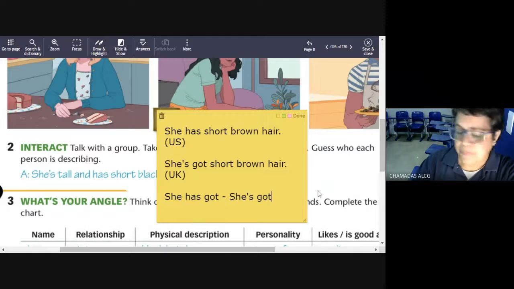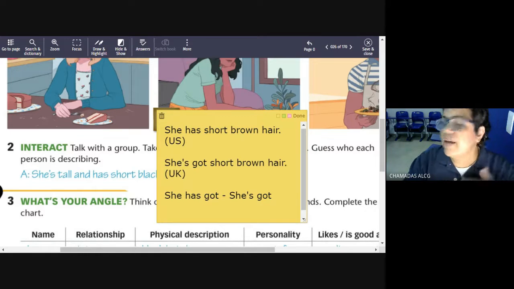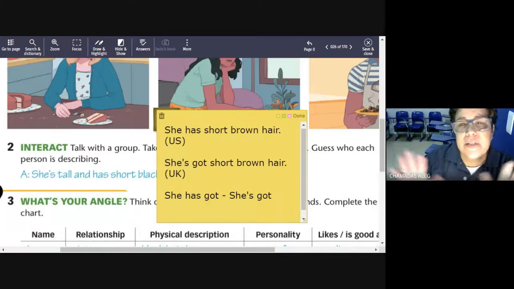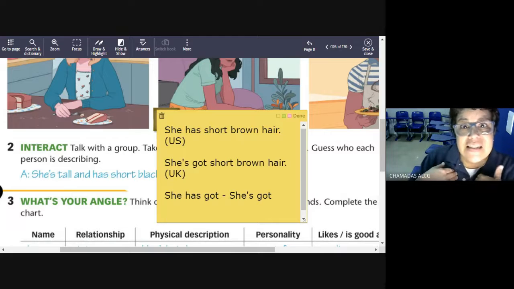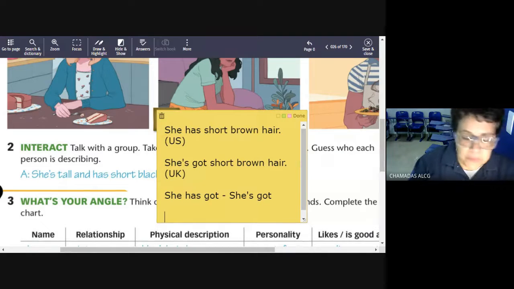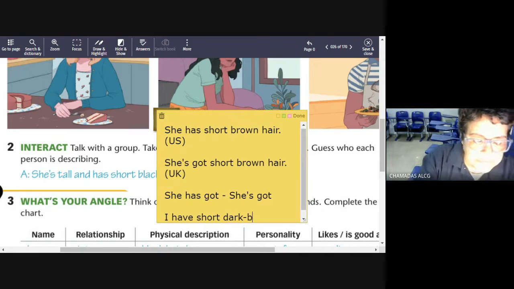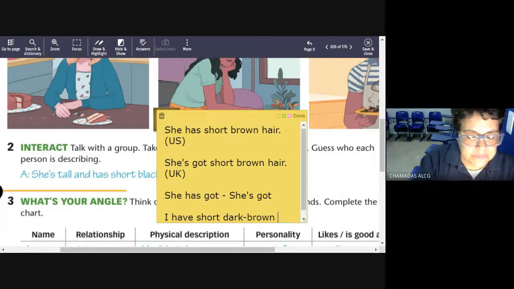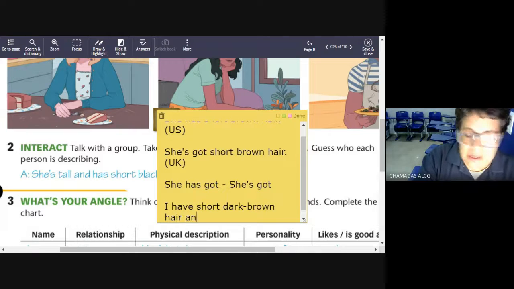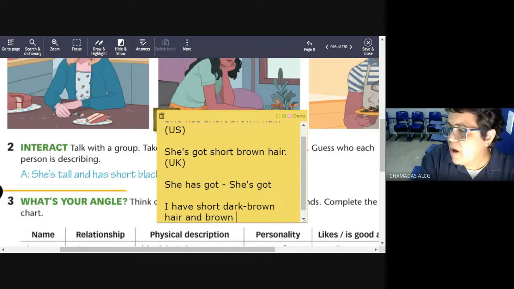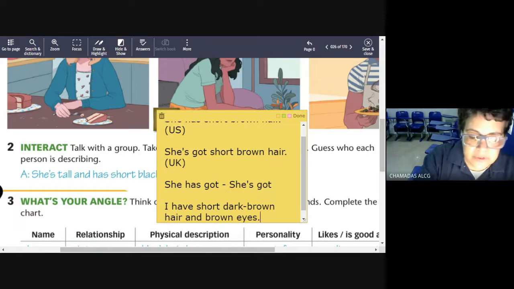Now, if I want to say another subject, let me give an example to show how I describe myself, okay? So for example, I can say, I have short, dark brown hair, okay, and brown eyes. Okay, so this is the American way.